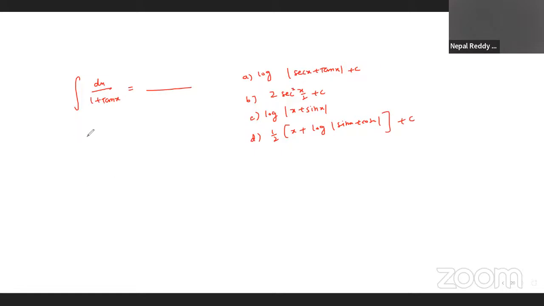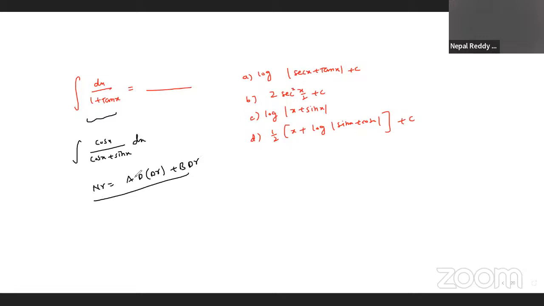We know that it can be written as integral cos x divided by cos x plus sin x into dx. Now, for cos x by cos x plus sin x, in the numerator you have to select a into differentiation of denominator plus b into denominator.